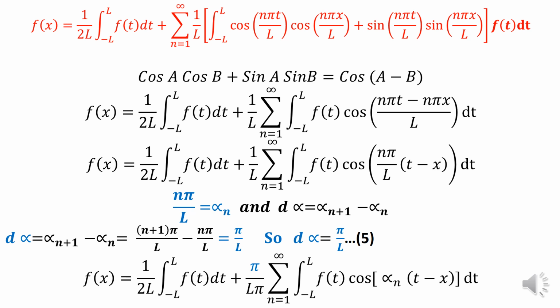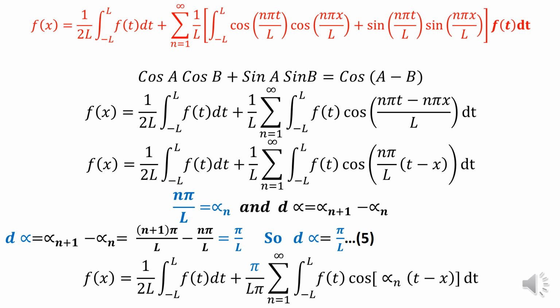So that simply we can write f(x) as such: 1/2l integral f(t) dt plus, because pi/l is there, this pi/l is basically delta alpha. So plus 1/pi, and this I have divided and multiplied so that it can be written in this form. You can see only 1/l is there, so I have changed it by multiplying by pi and dividing by pi, nothing else.